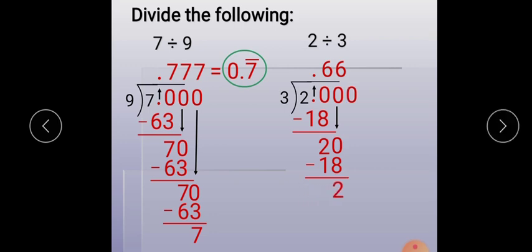Again 0 is appended, 3 times 6 is 18, remainder is 2. So the answer will be 0.666, or we can say 0.6 bar.